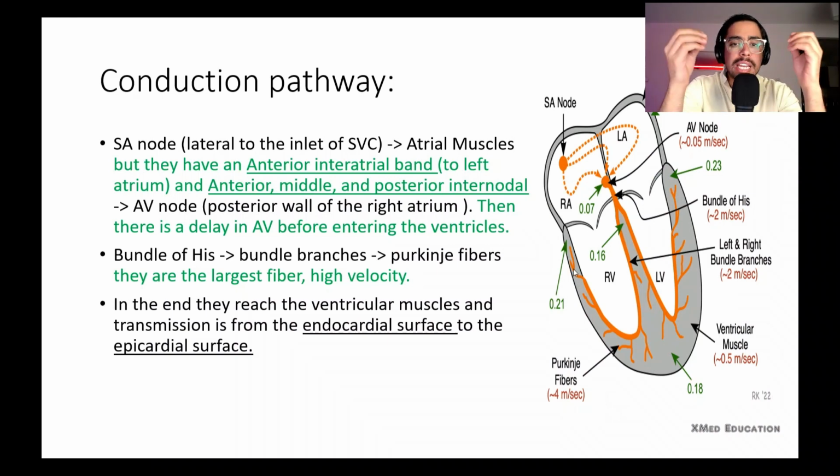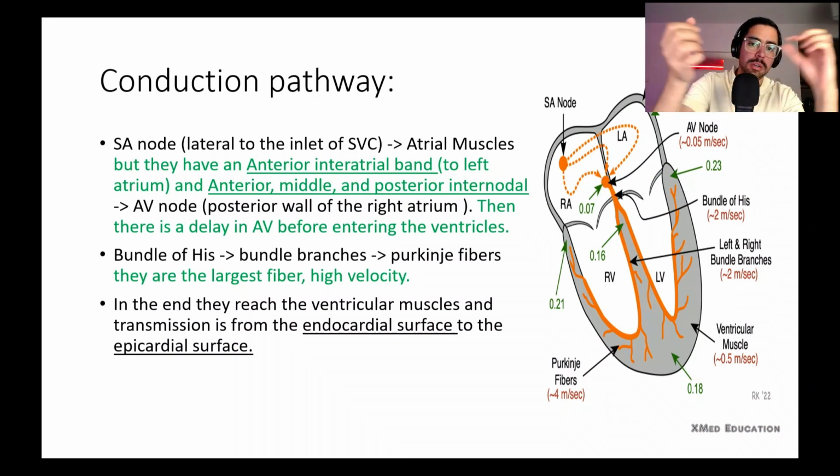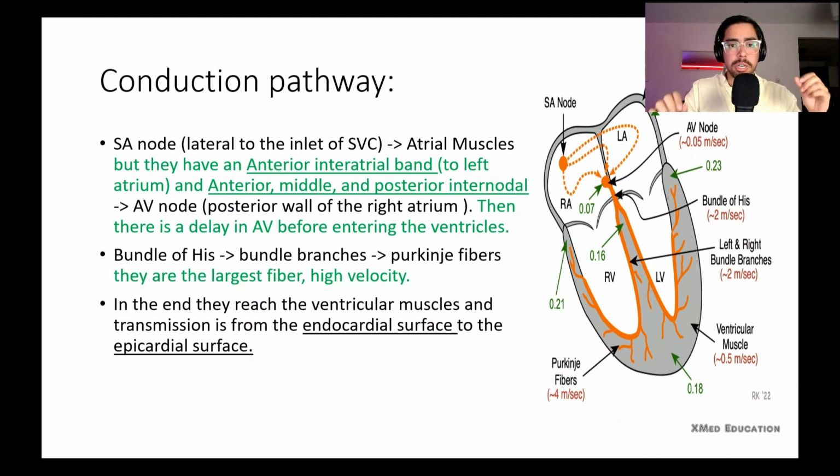All of you probably had an ECG check, and you saw in your physiology lab that they put some leads on your body, and they can check the ECG pattern of your heart, and we can see that because of this pattern, that it goes from inside the heart to the outside of the heart. So that's how we can see how they work.